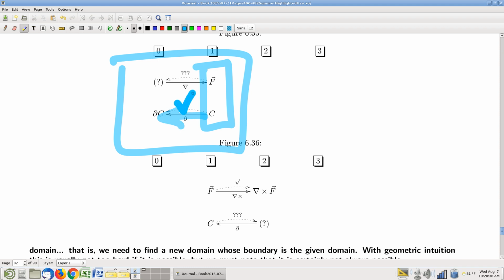Cool. We know how to find boundaries. If you look at the picture, you can just see what the boundary is. On the other hand, you're also going to need to find an anti-gradient. Gradient goes that way. I need to go the other way. I need to go backwards through that gradient arrow. I need to find an anti-something. Anti-gradient.